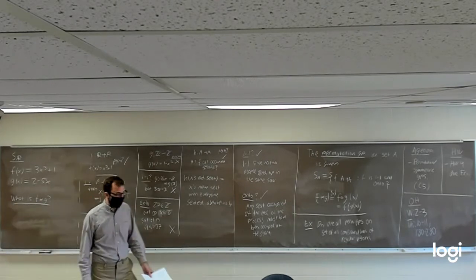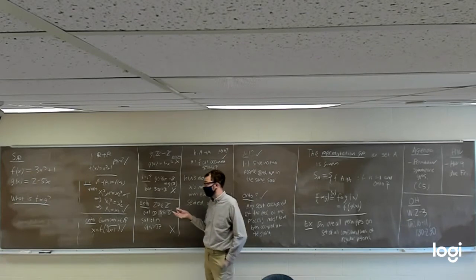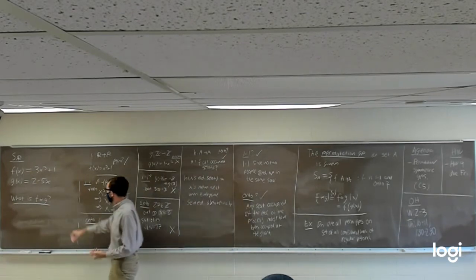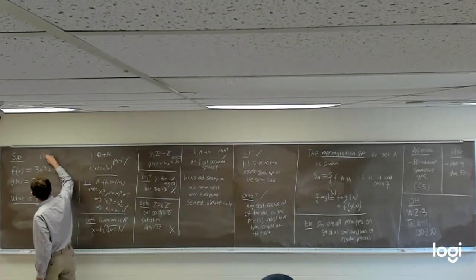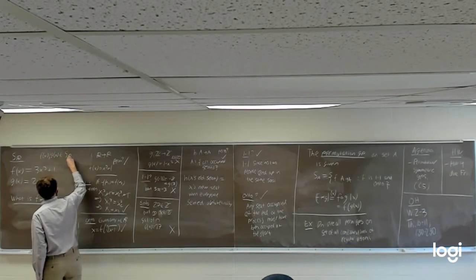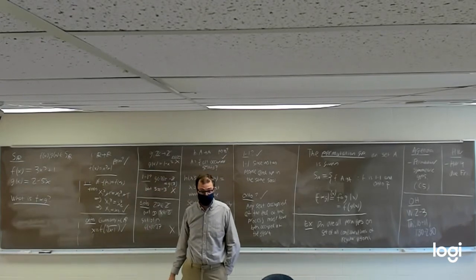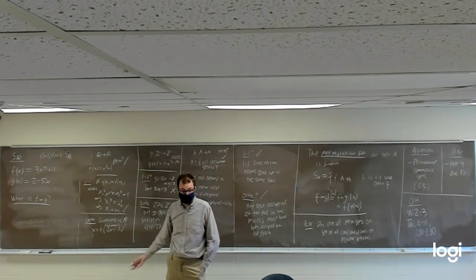What would we get if we were to take f star g? If we were to take these two functions, f of x and g of x, both of these are going to be elements of the permutation group, because both of those are going to be one-to-one onto functions from the reals to the reals.